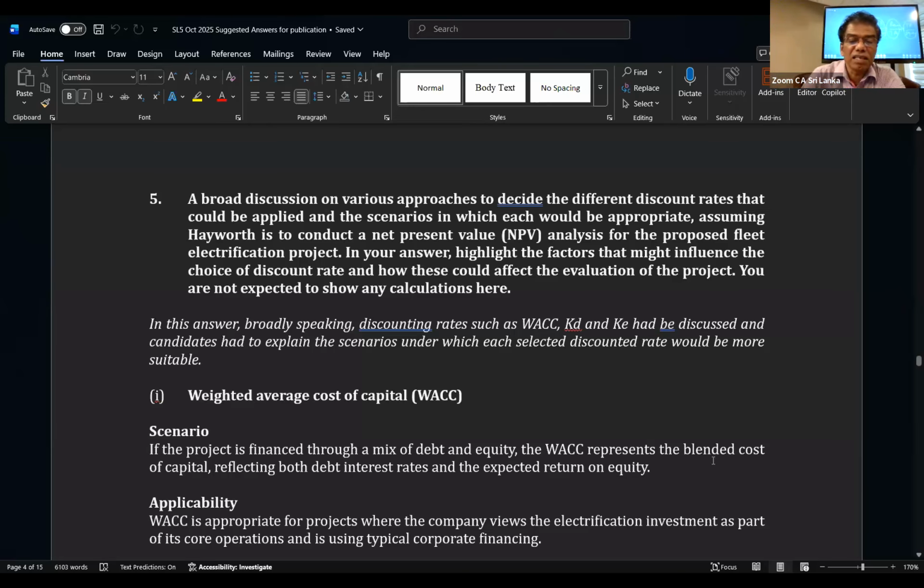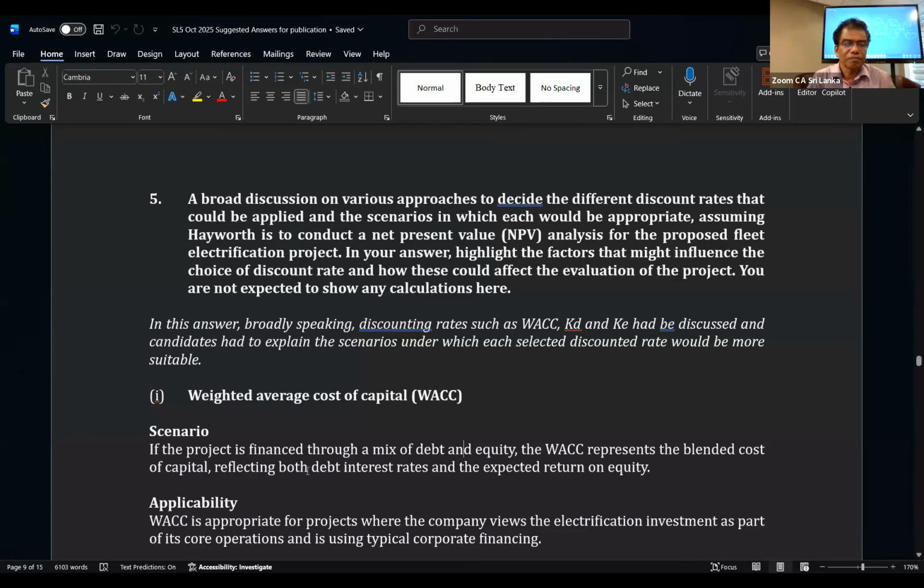This is the easiest one. In this answer, broadly speaking, discount rates, you have to talk about WACC, cost of debt, and cost of equity, and the candidate has to explain the scenario under which each selected discount rate would be more suitable.